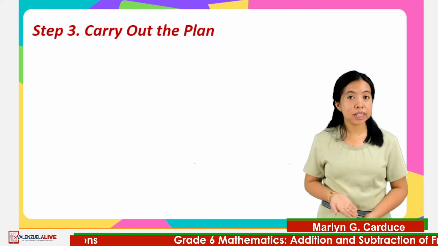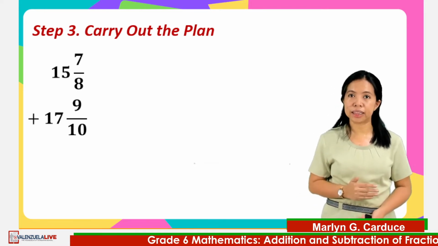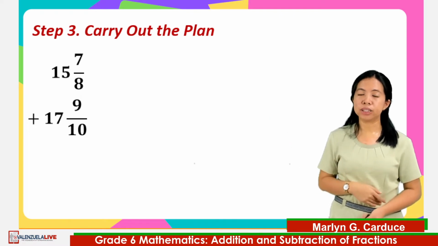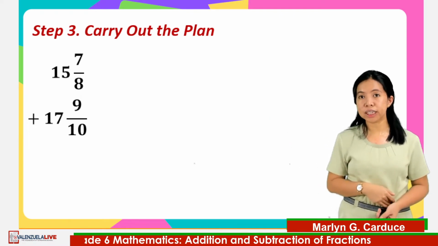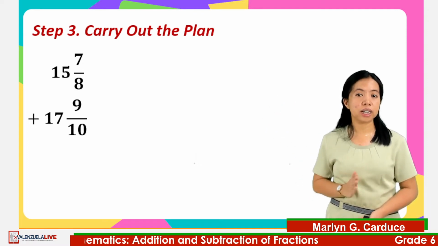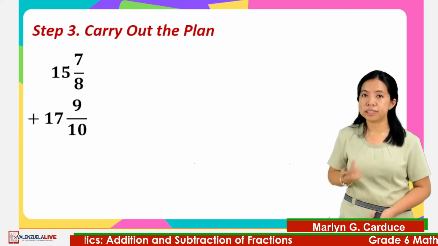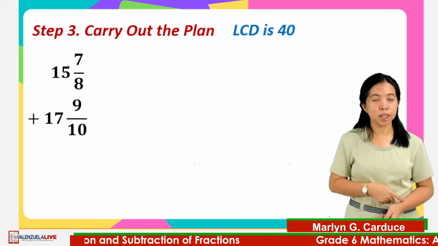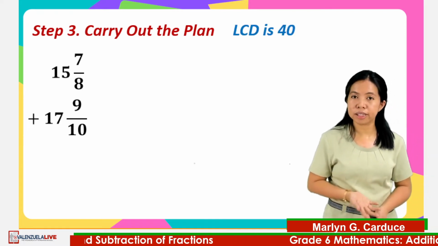For step 3, carry out the plan. So let's solve the problem. 15 and 7/8 plus 17 and 9/10. So again, the given fractions have different denominators, so we have to look for the LCD. And what's the LCD? Okay, so the LCD is 40.